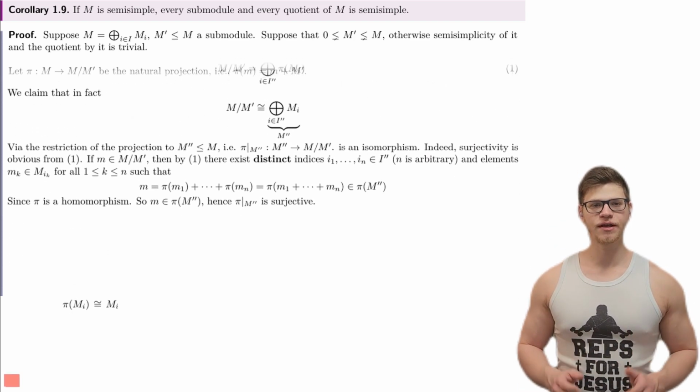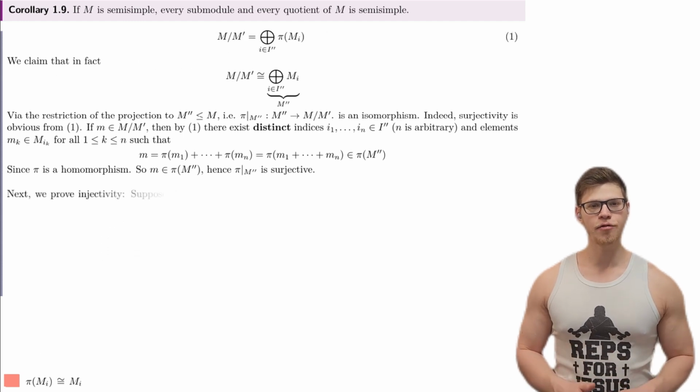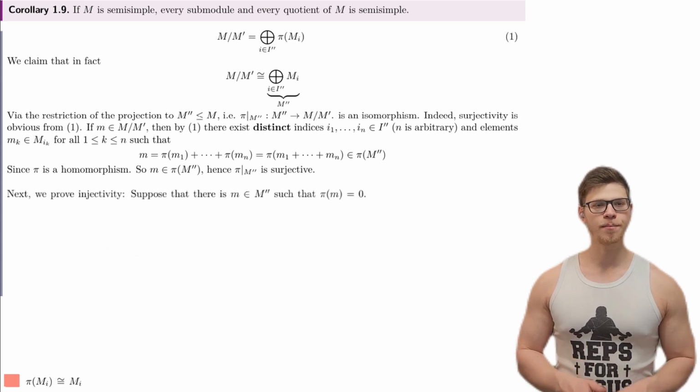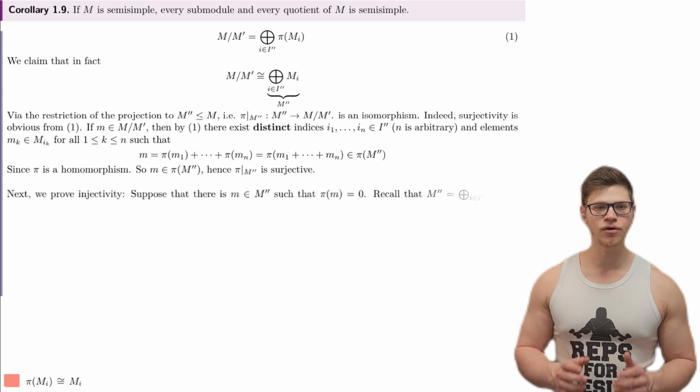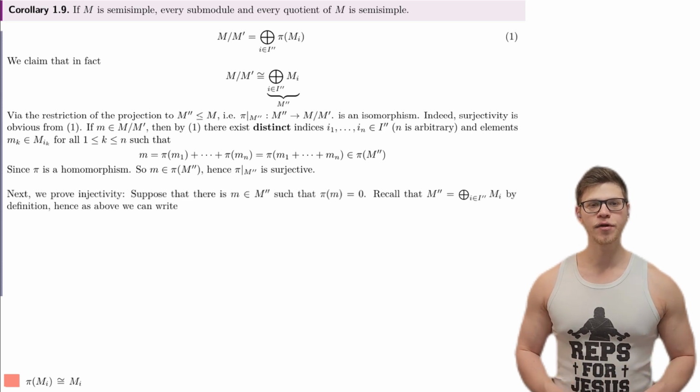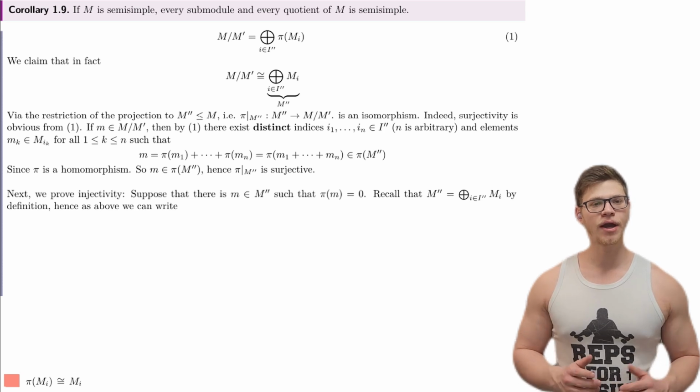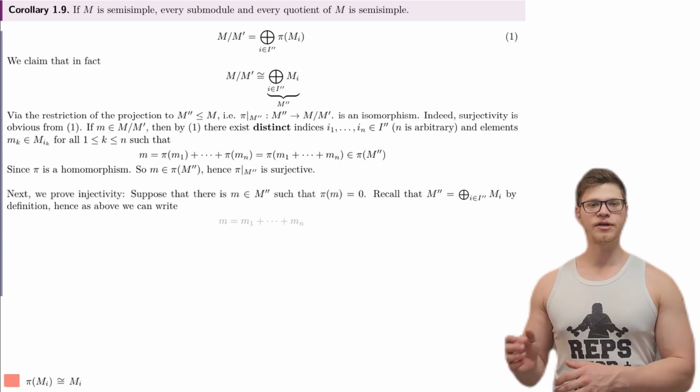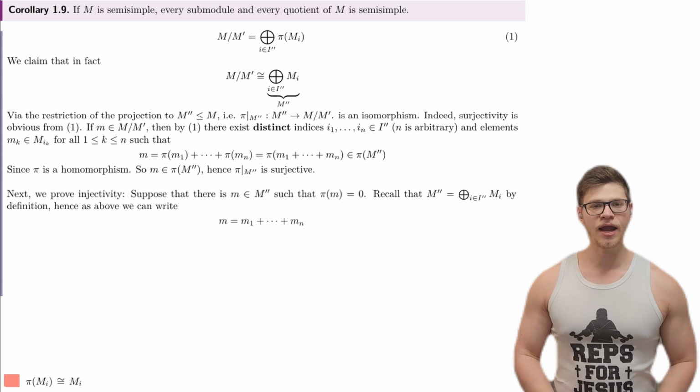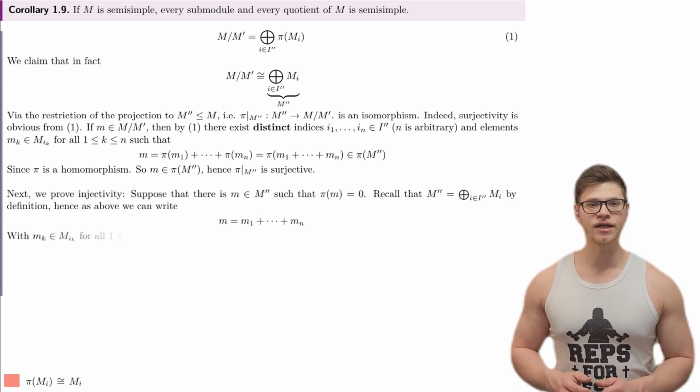Next, we prove injectivity. Suppose that m is an element of M'', such that π(m) is 0, i.e. m is in the kernel of π. Recall that M'' is the direct sum of Mᵢ indexed over I'', by definition. Similar to before, we can write m as a sum of m₁ up to mₙ for mₖ in simple modules indexed by i₁ up to iₙ, indices in I''.